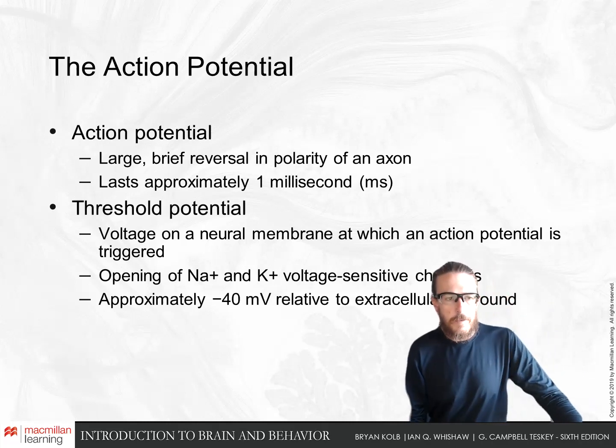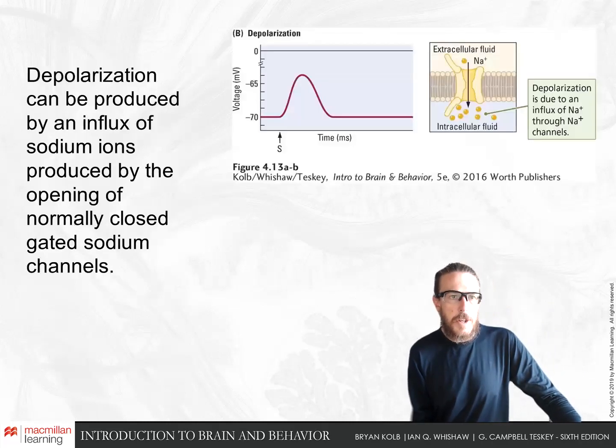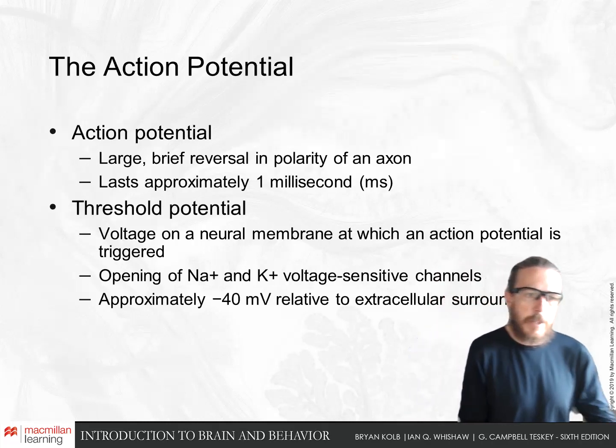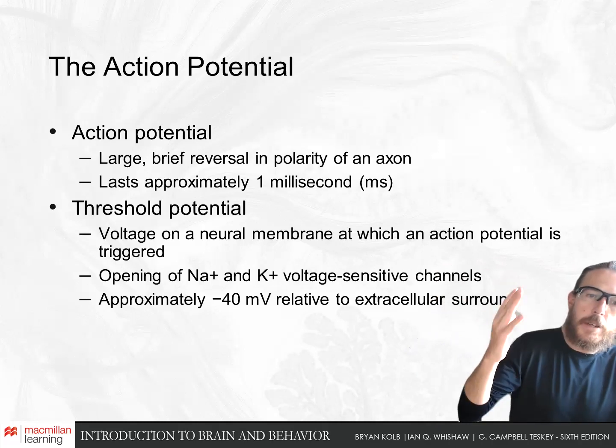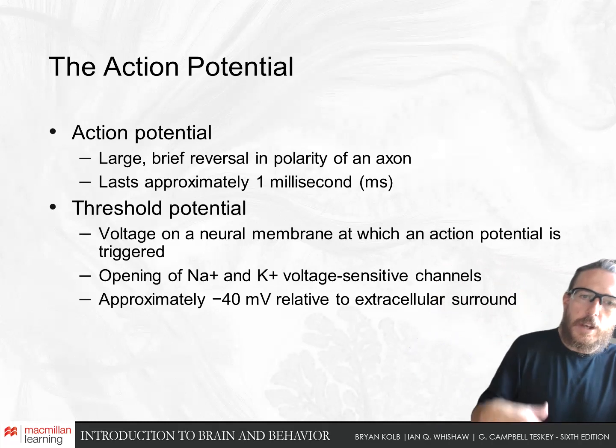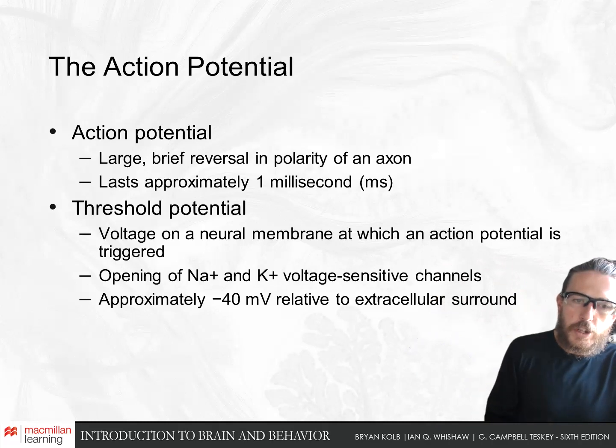So there's a certain voltage that the neuron becomes depolarized to, at which time it will fire one of these action potentials. And when this happens is when those gates that we saw, the sodium and also potassium gates, open up, or channels open up, due to the change in voltage.